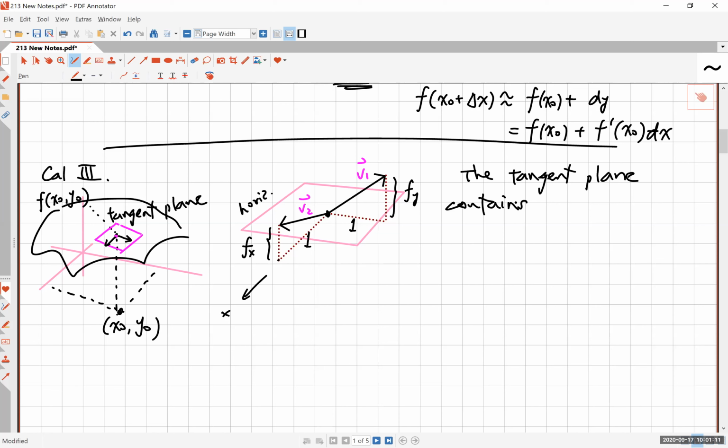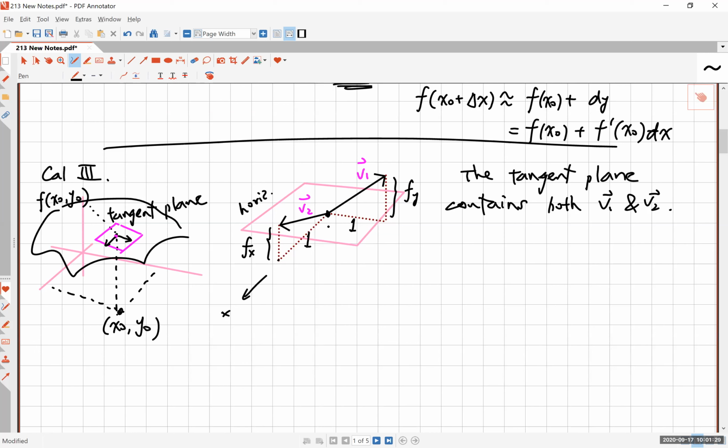And that's because it's really hard to visualize this. So that's my excuse for drawing some ugly pictures. I'm doing my best here. The tangent plane contains both V1 and V2.